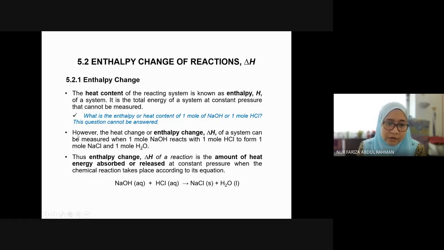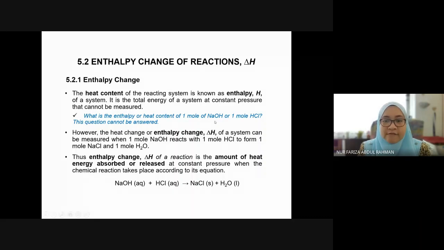Okay, all right. However, the heat change or the enthalpy change, which is the delta H of a system, can be measured when 1 mole of sodium hydroxide reacts with 1 mole of HCl to form 1 mole of sodium chloride and 1 mole of H2O. So this is a complete reaction.